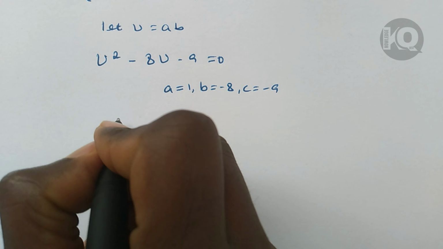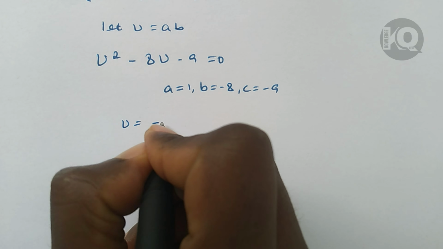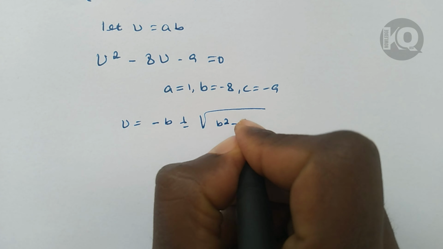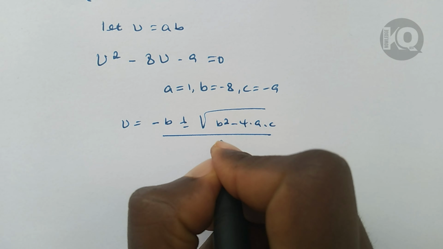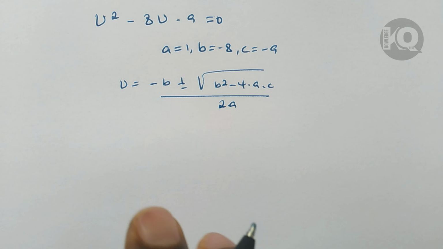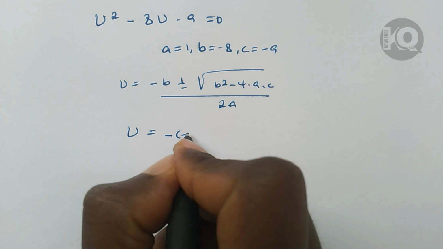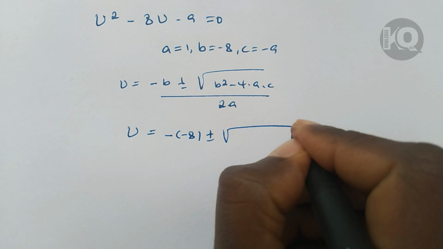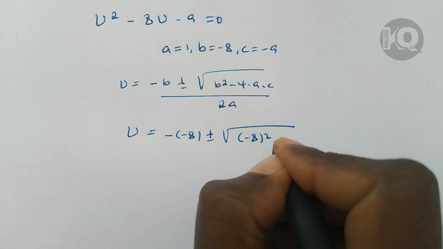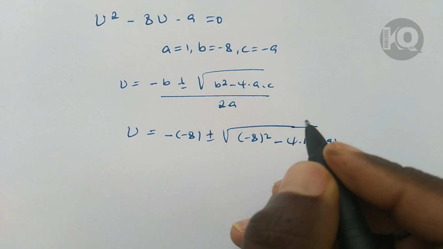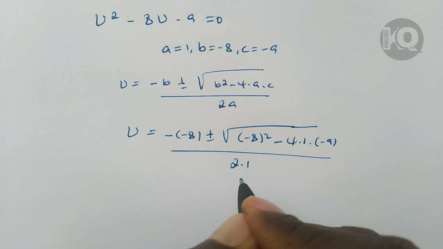So this will be u is equal to minus b plus or minus the square root of b squared minus 4 times a times c, divided by 2a. Then simply substitute: u is equal to minus of minus 8 plus or minus the square root of minus 8 the whole squared minus 4 times 1 times minus 9, divided by 2 times 1.